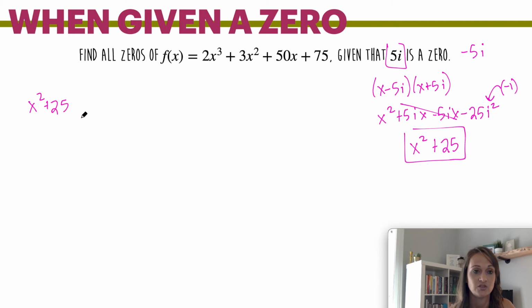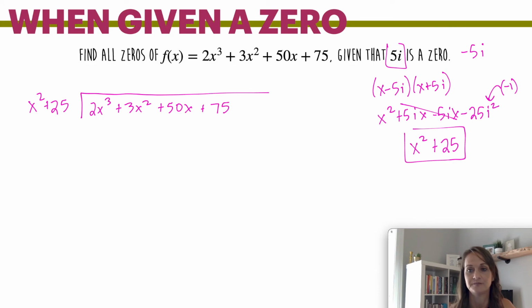So x squared plus 25 goes into 2x cubed plus 3x squared plus 50x plus 75. Okay, x squared goes into 2x cubed first. 1 goes into 2 twice, and x squared goes into x cubed x times, so this is going to be a 2x, because x squared times 2x is 2x cubed.